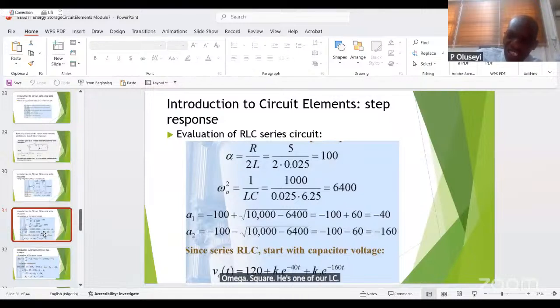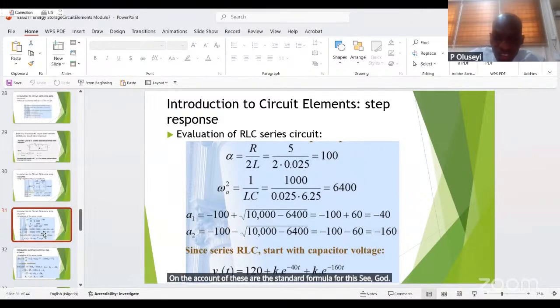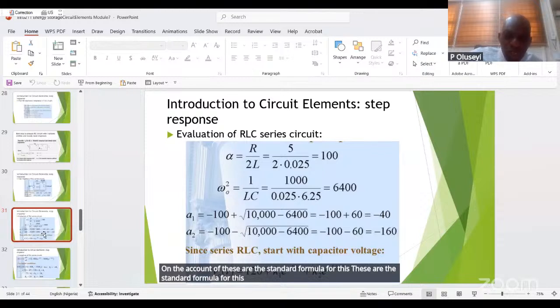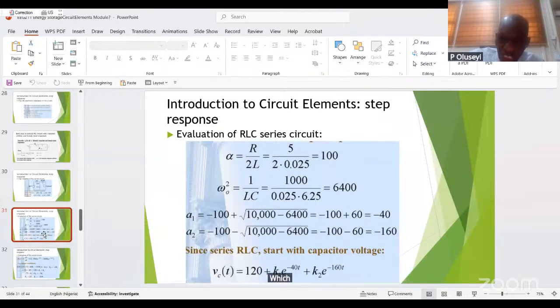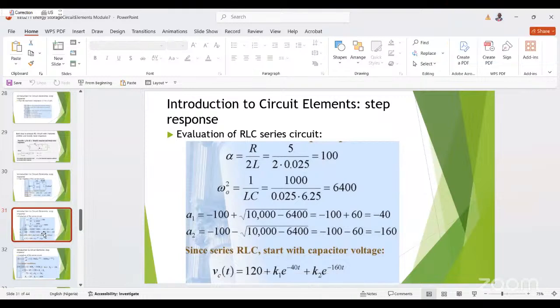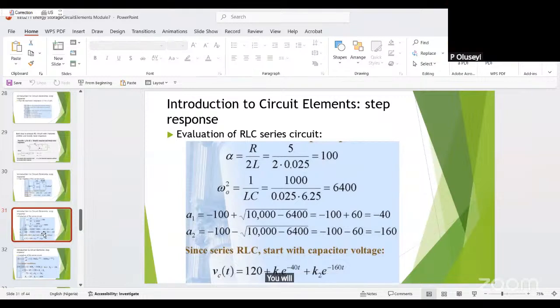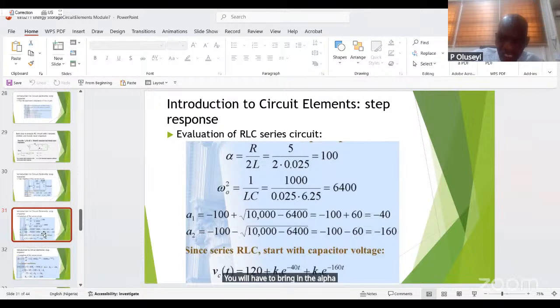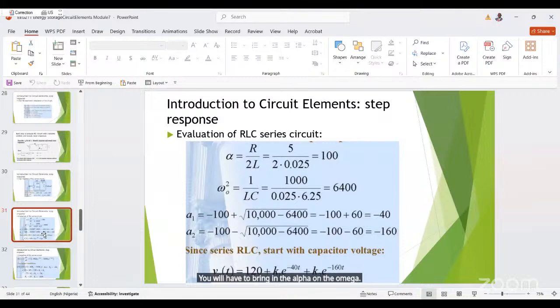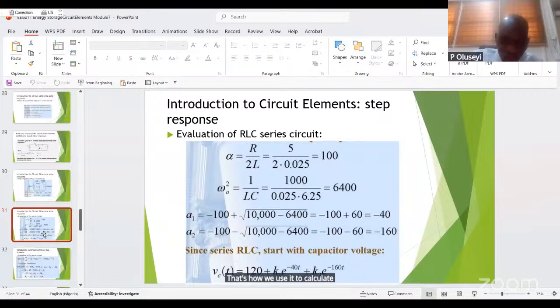These are the standard formulas for this. And by the time you are trying to get A1 and A2, which are your values for the exponential, you will have to bring in the alpha and the omega. That's how we use it to calculate A1 and A2.